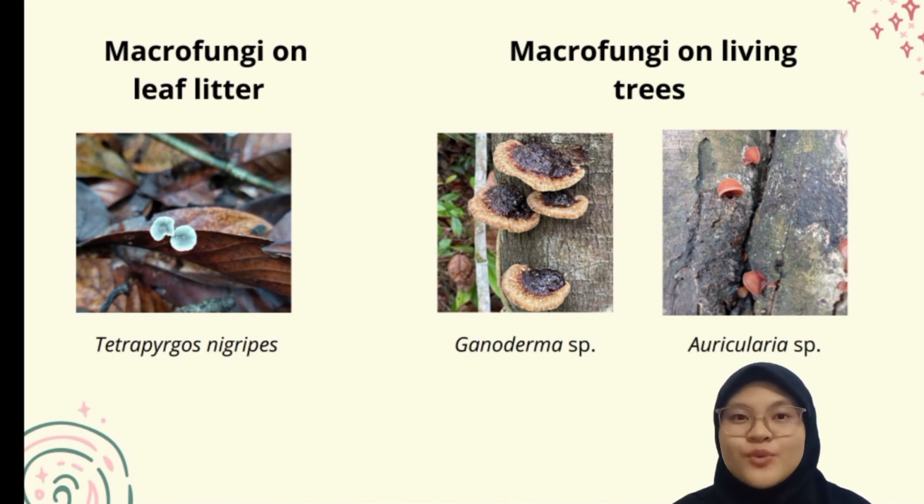Auricularia species is a well-known food delicacy and medicine by indigenous people and Chinese. Members of Ganoderma are perennial and generally pathogens, causing white rot and red root diseases in many tree species. They prefer living on trees with a larger diameter compared to other species in Polyporaceae.